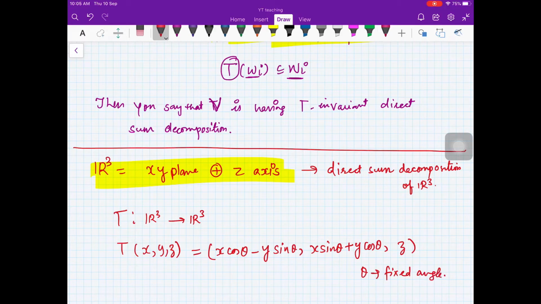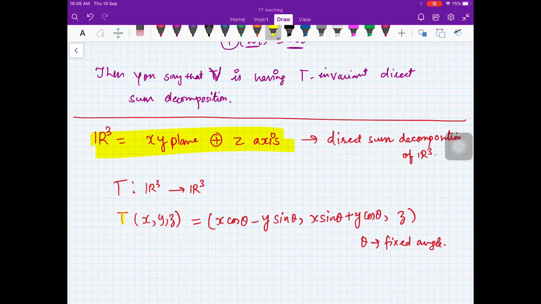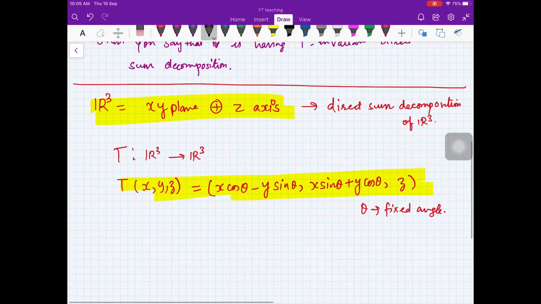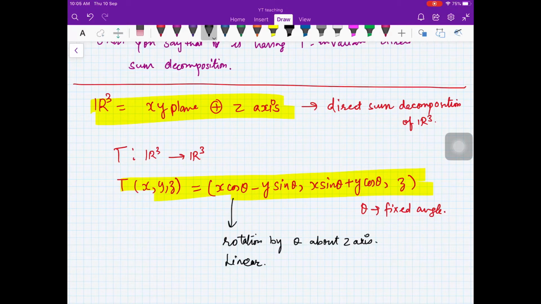What is this? This is just the rotation by theta about the z axis. And you can prove that this is a linear transformation. That is very easy to prove.